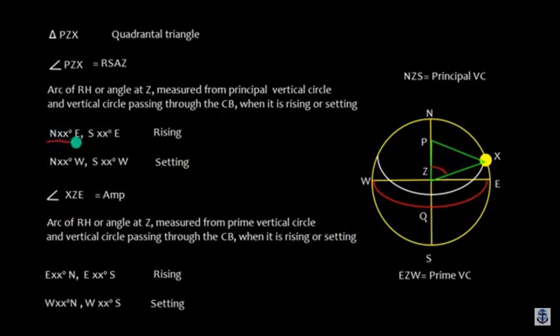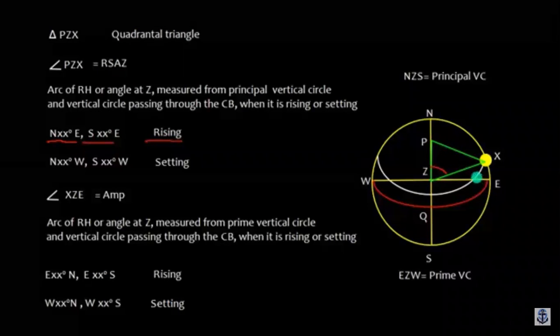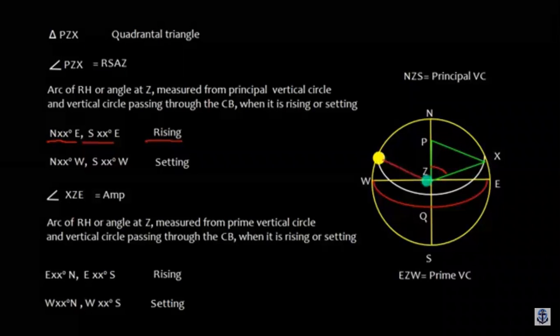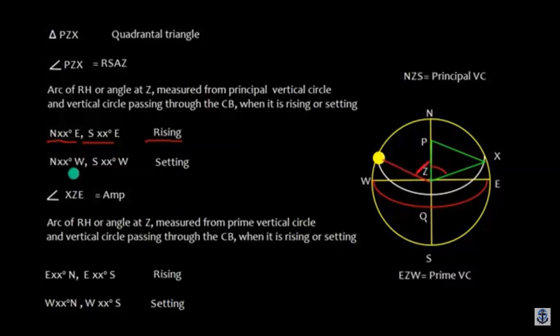So this is the rising angle. If declination is south, the rising/setting prefix is given as per the declination, and the suffix is east or west, that is rising or setting.